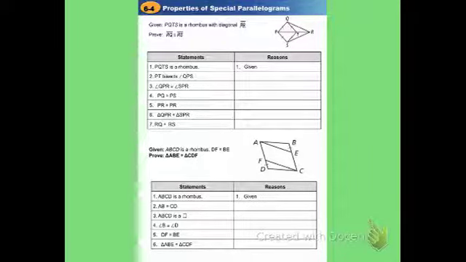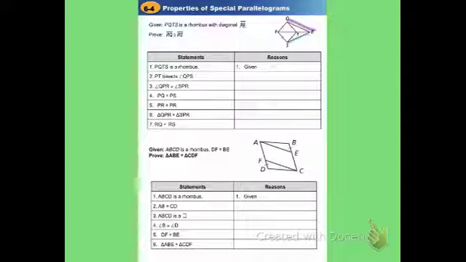All right, so let's take a look at some proofs involving these properties of special parallelograms. So in this first example, we are asked to prove that RQ is congruent to RS. So I want to prove that this segment right here is congruent to this segment on the other side.